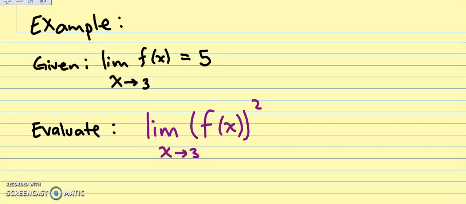Alright, so knowing these properties, we can solve problems like this. Let's say, given the limit of f of x as x approaches 3 is equal to 5, evaluate the limit of f of x squared as x approaches 3. So look through your properties. Which property do you think you can apply here? And this is actually property number 5.